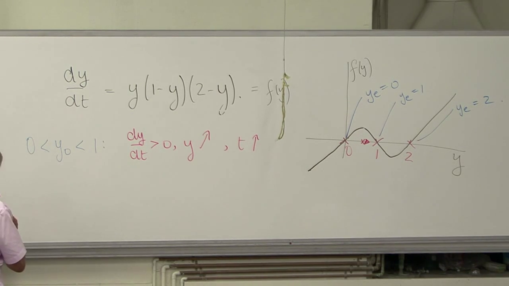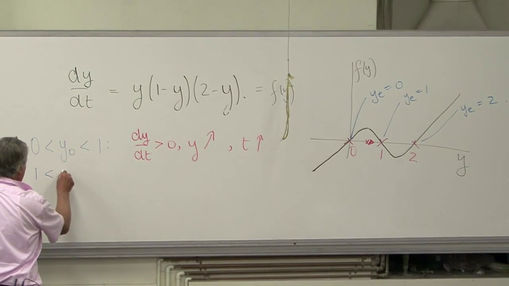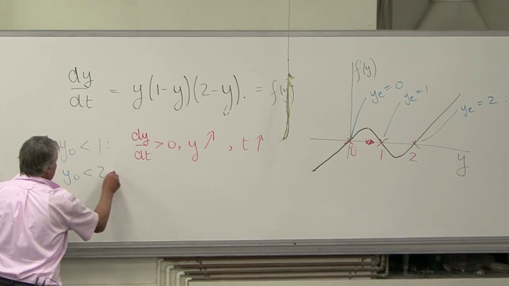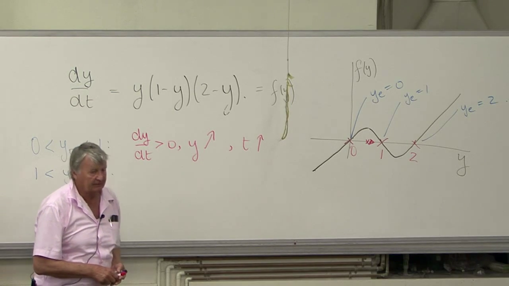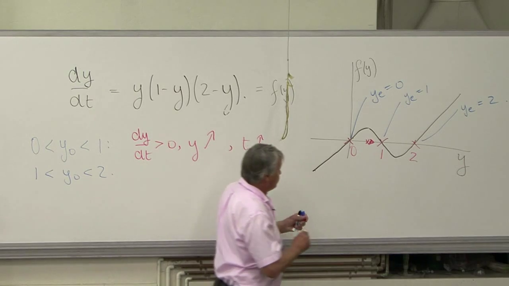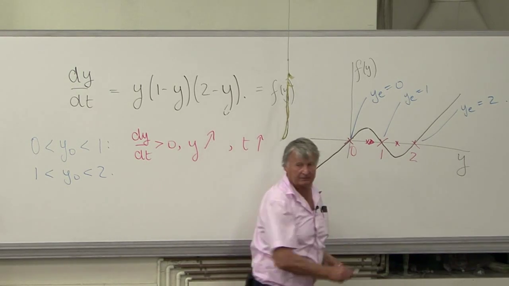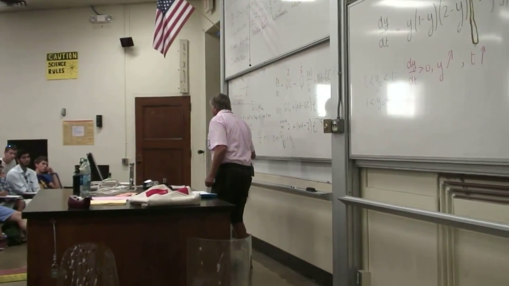Supposing I start in the region y0 between 1 and 2. What is the sign of the right-hand side if I start somewhere in here? Let's get somebody over here, this gentleman. Negative.